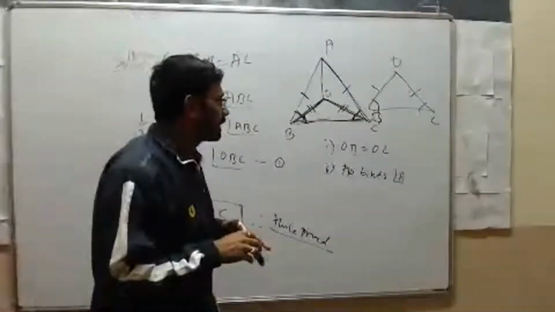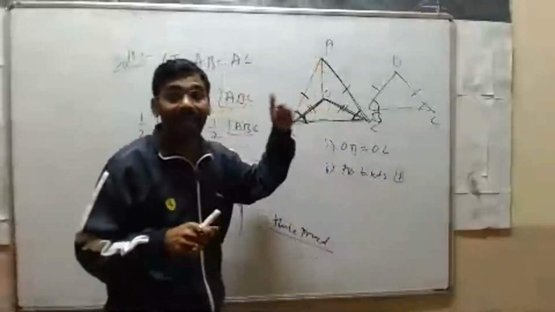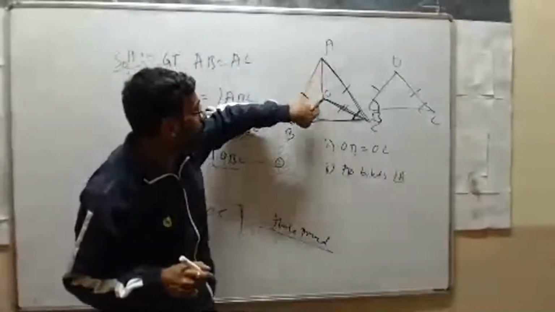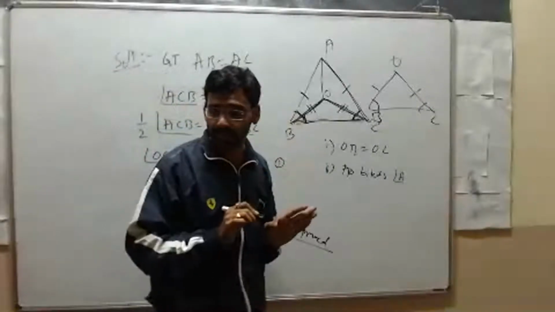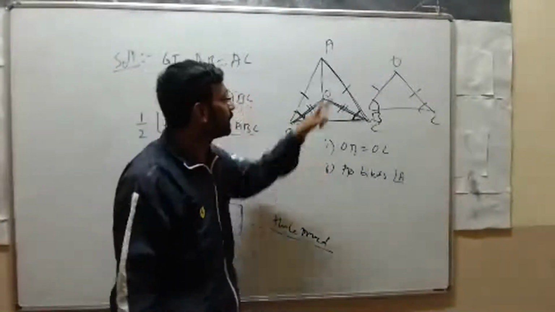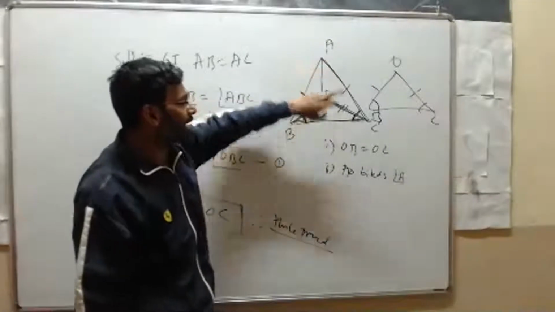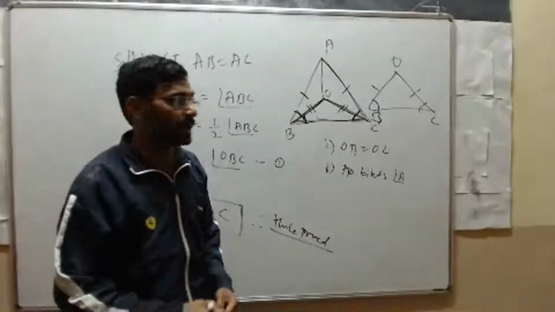AO bisects angle A means AO divides angle A into two equal parts.